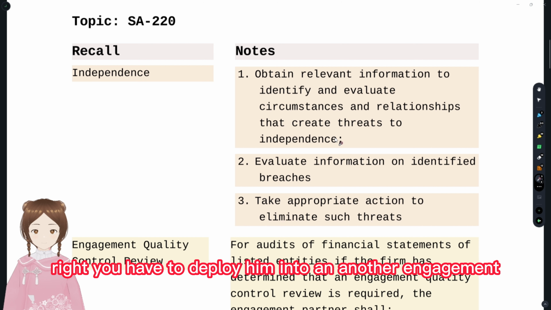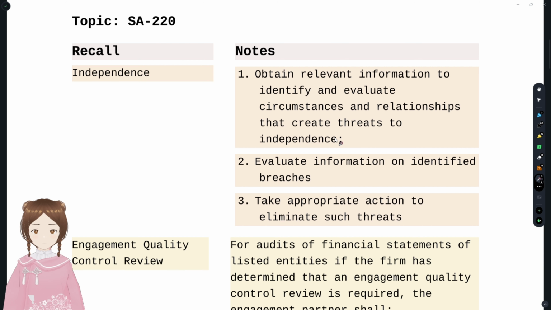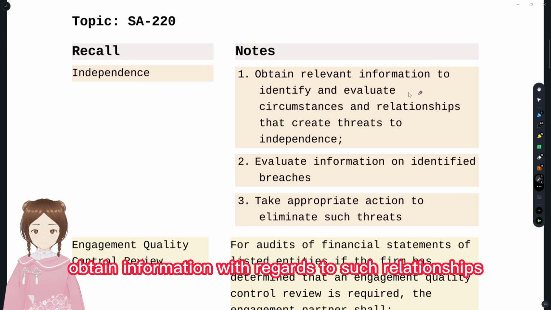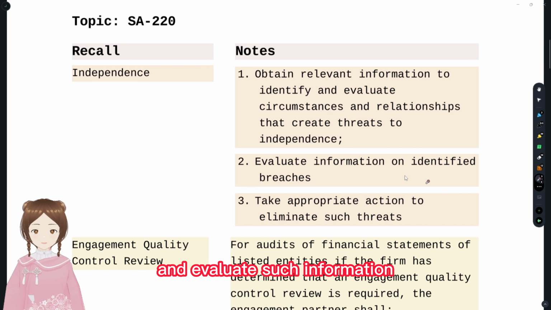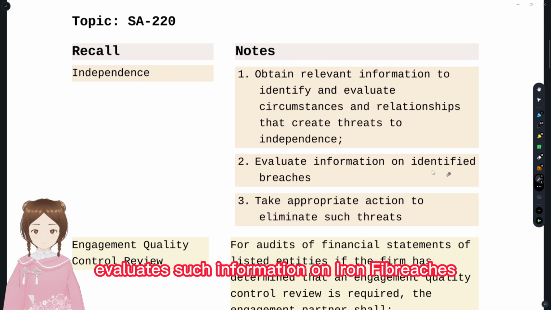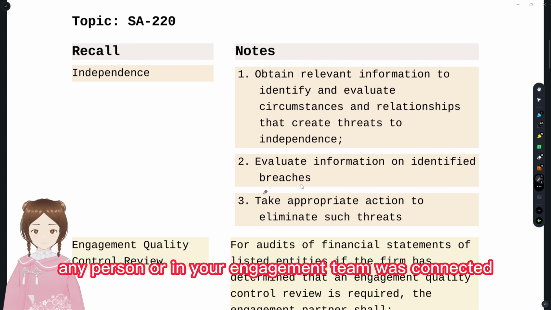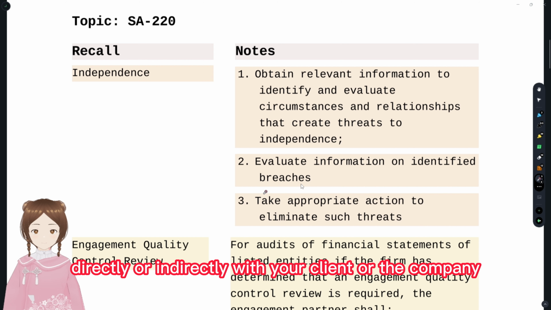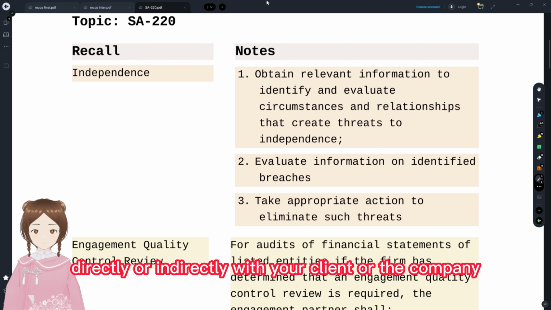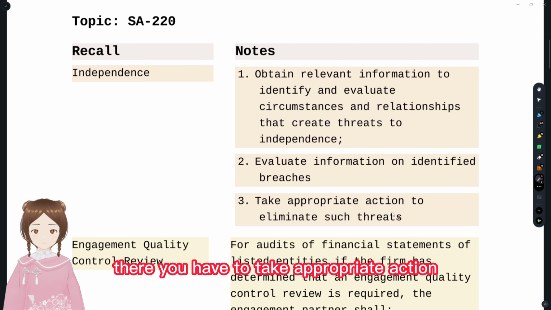You have to deploy him into another engagement. You have to obtain information with regards to such relationships and evaluate it to identify breaches. That is, if any person in your engagement team is connected directly or indirectly with your client, you have to take appropriate action.